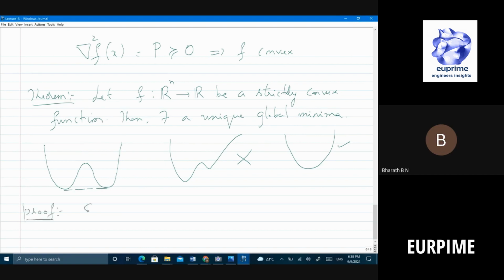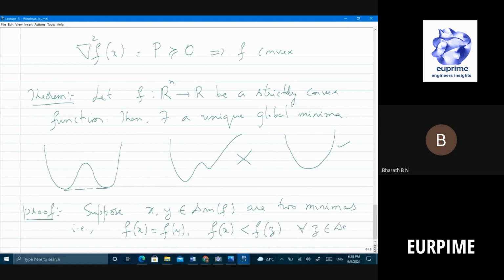Suppose you have two values x, y belonging to the domain of f, or two minima, that is f of x equal to f of y, and f of x is less than f of z for all z in the domain, z not equal to x, z not equal to y.